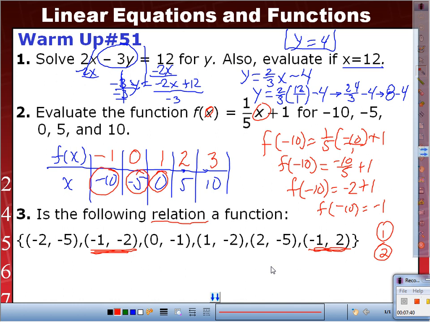So I'm talking about the ones that repeated, yes? This first one is -1, -2. That means on this side, the x value is the same. Is the y value the same? No. Then this is not a function.